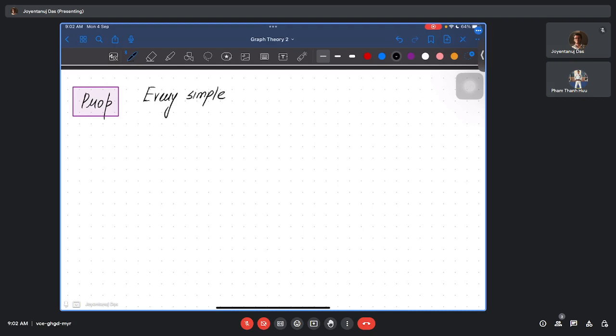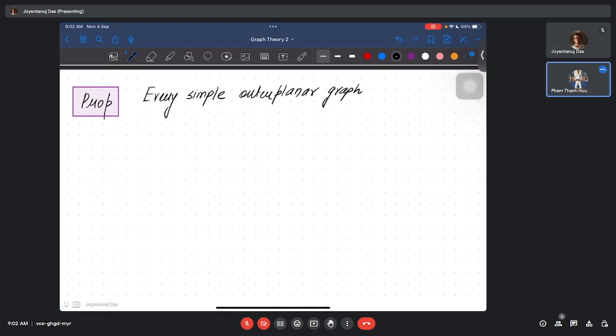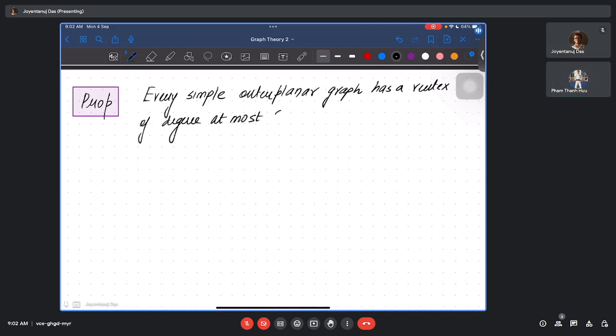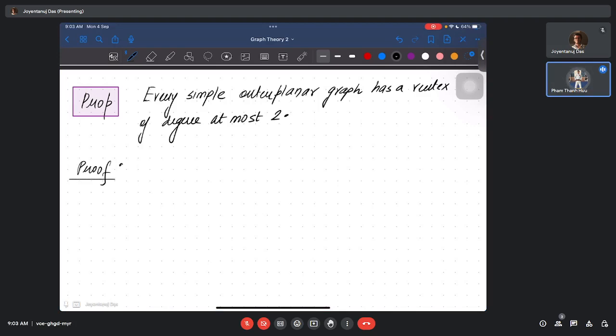Every simple outerplanar graph has a vertex of degree at most 2.